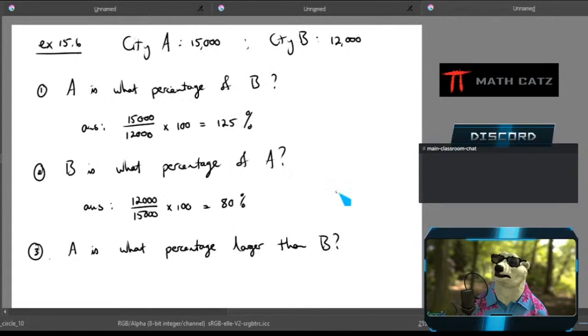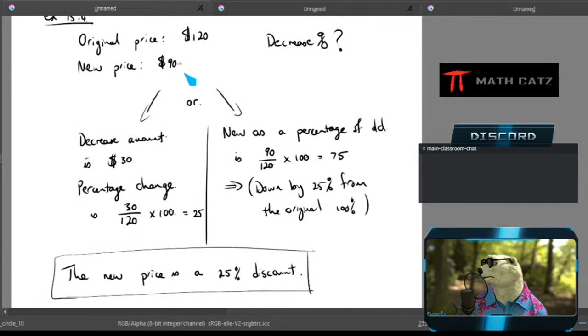So now I have to think for myself, how am I going to go about this? I have two options, just like there. Now, this isn't true for every single thing we're going to do in the future, but often I have multiple ways to go about it. And one isn't necessarily more efficient than the other.